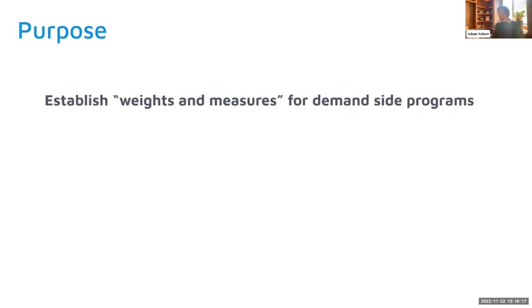Okay, so what's the purpose of Caltrack fundamentally? What is the purpose of these open source methods? Well, we want to establish a standard weights and measures for demand side programs. I think we all realize that utilities for a long time have used supply side tools to solve most problems that impact the grid, and that's really not the formula for the future anymore.